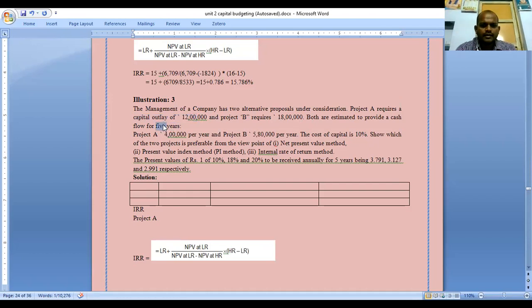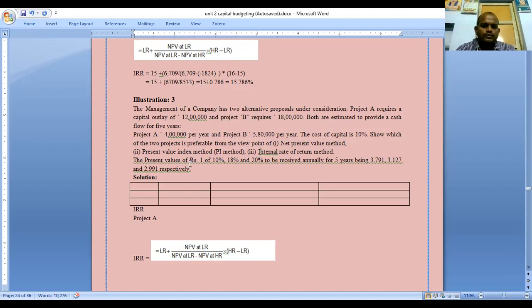So 5 years is the lifetime. Project A 4 lakhs per year and Project B 5 lakh 80,000 per year. Cost of capital is 10%. Show which of the two projects is preferable from the viewpoint of net present value method, present value index method, profitability index, and internal rate of return.